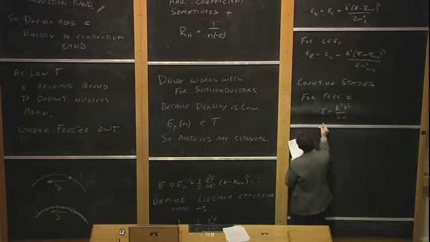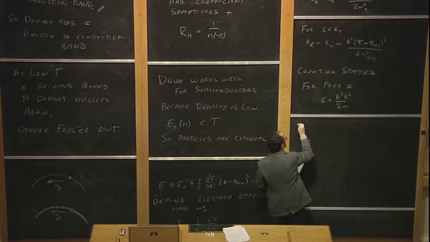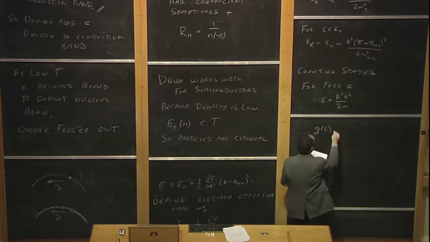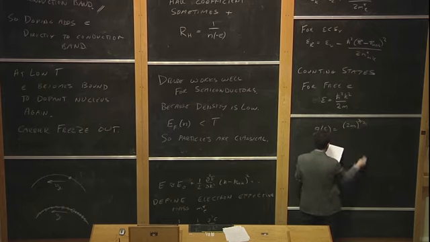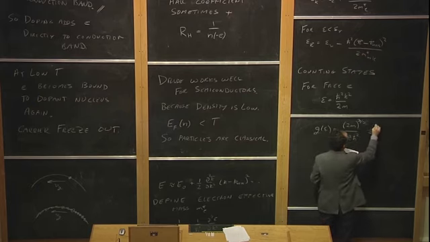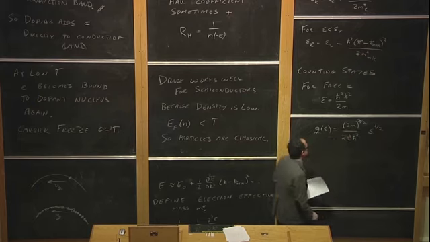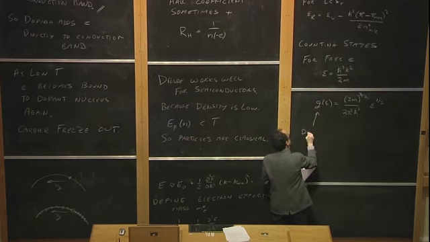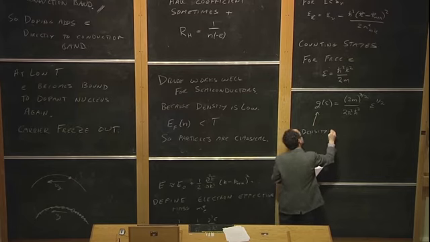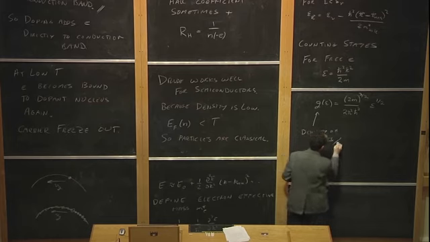And the density of states per unit volume, G of E, was given by this expression, which we calculated: 2 m to the 3/2 over 2 pi squared h bar cubed, epsilon to the 1/2. We calculated this, I think, on the second or third day of the term. This is the density of states per unit volume, states per volume.